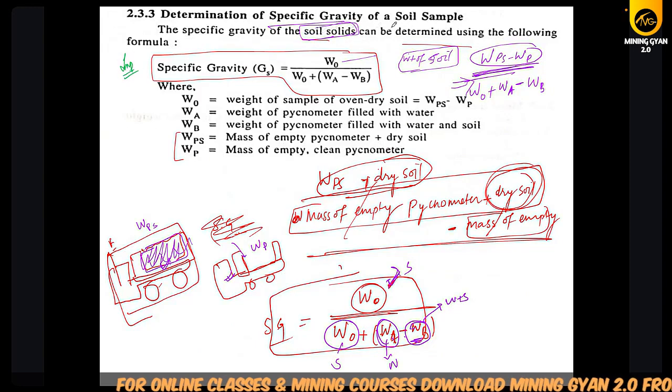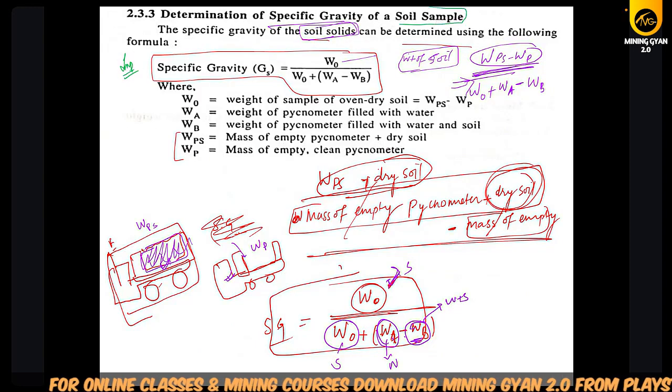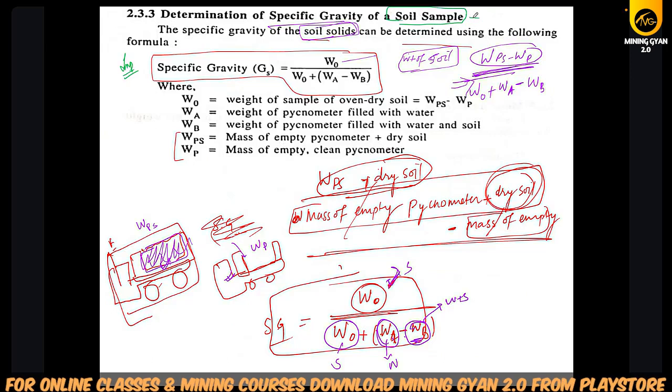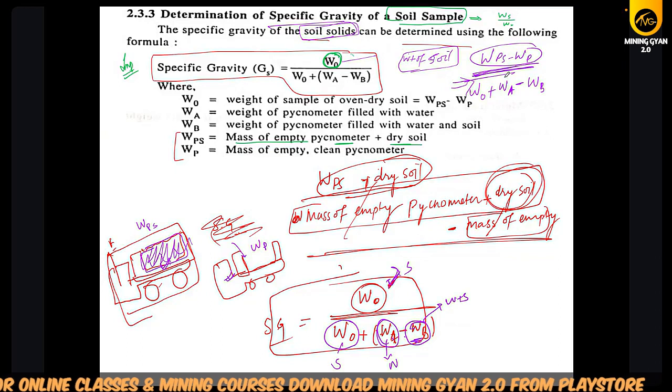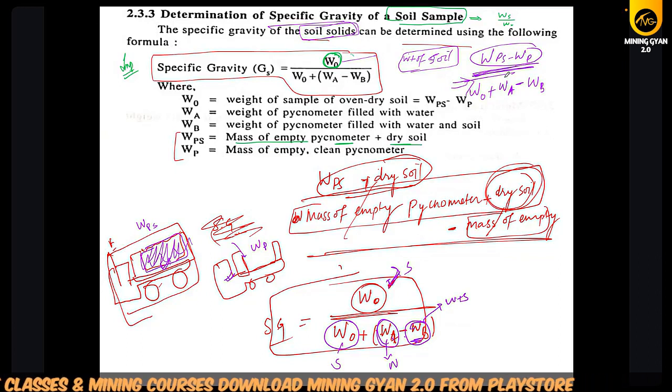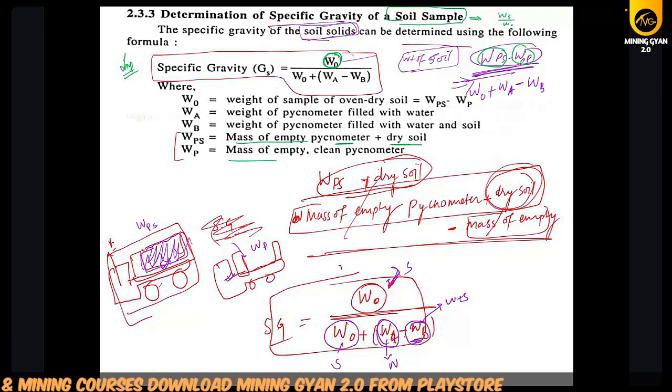Determine the specific gravity of the soil sample. To find it, we need the weight of the soil divided by the weight of water. W0 is the mass of the empty pycnometer plus dry soil, so it will be WPS minus WP, where WP is the mass of the empty pycnometer.